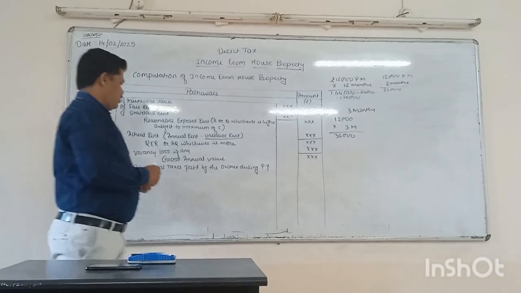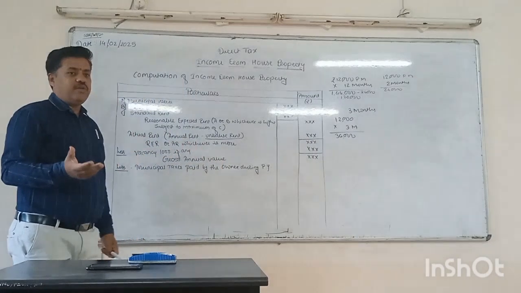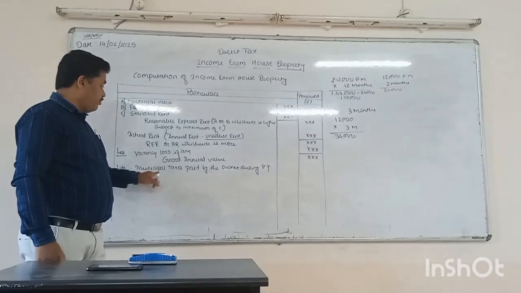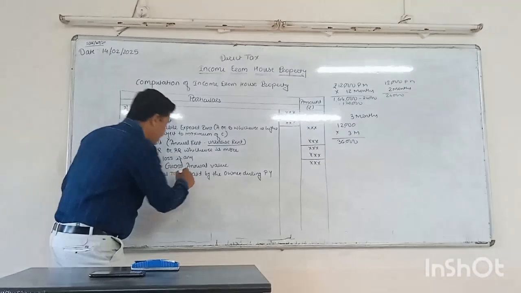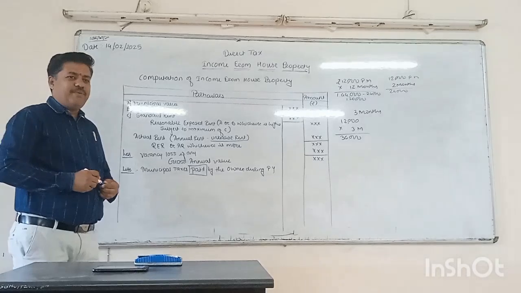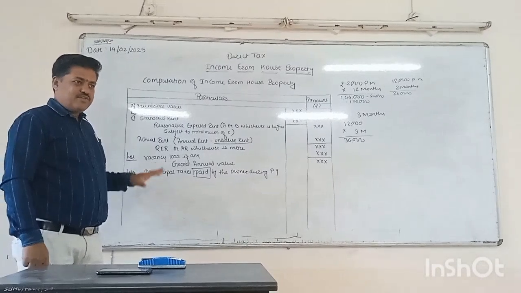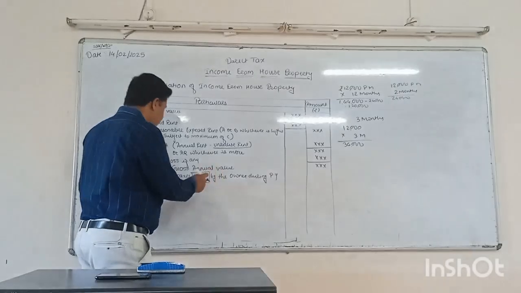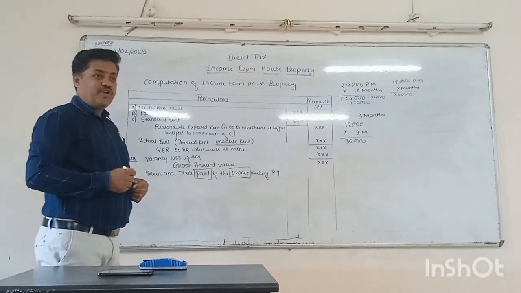We get gross annual value, but we have to compute net annual value, and for that purpose we have to deduct municipal taxes. But the basic condition is that municipal taxes must be paid. Very important: if municipal taxes are only payable, we cannot take deduction of municipal taxes. So municipal taxes must be paid by the assessee, the owner of the property.